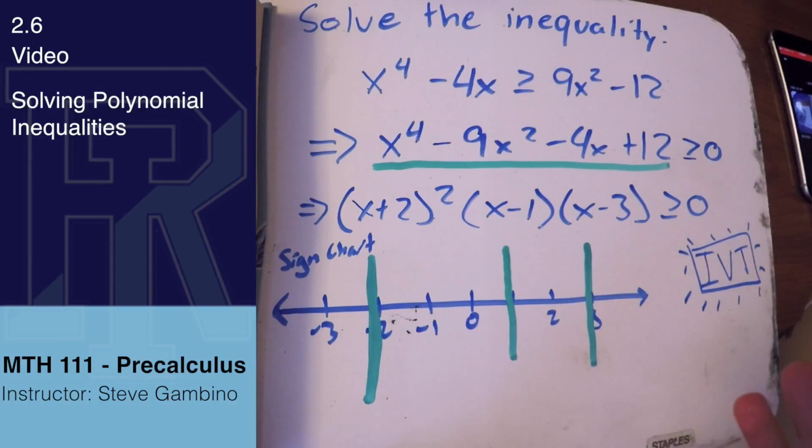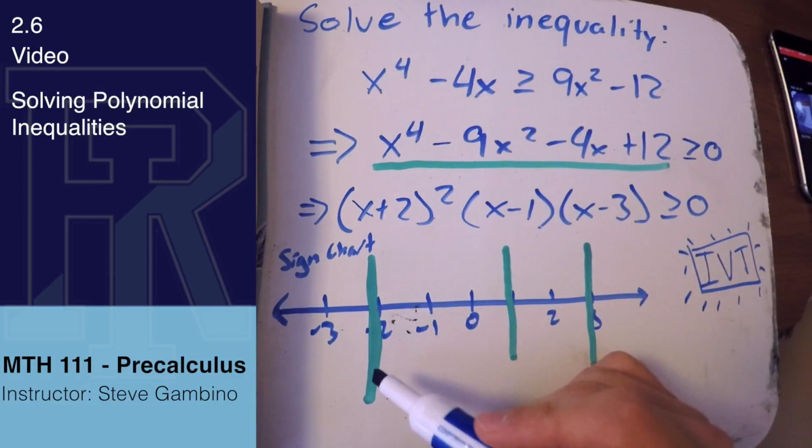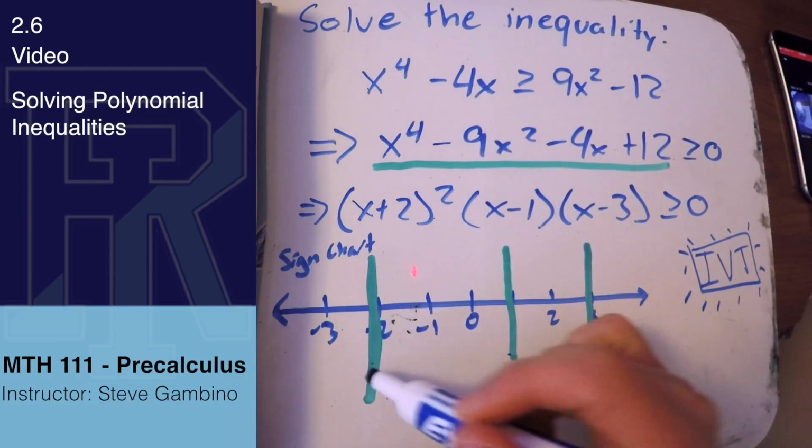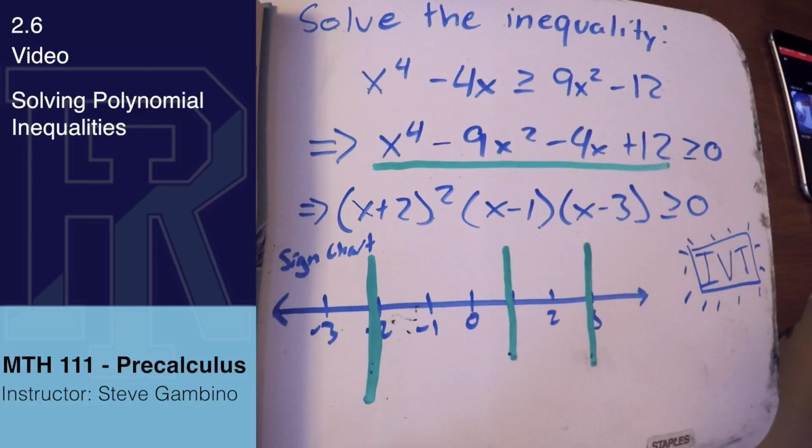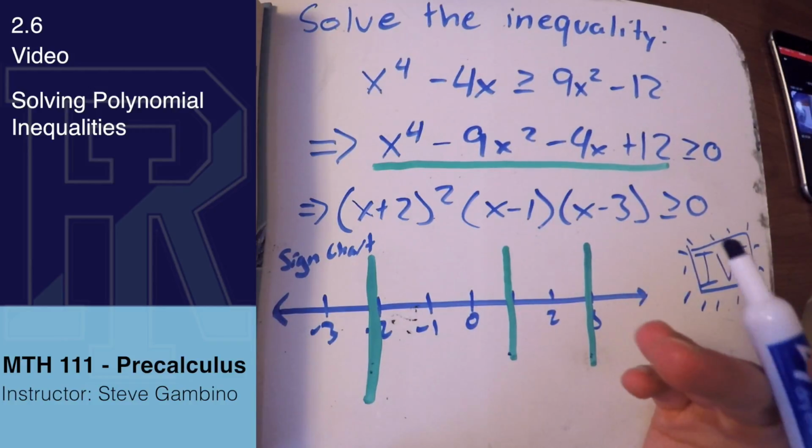But since polynomials are continuous, and we saw this in the graph that we had before, we can't ever go from being positive to negative or negative to positive without crossing the x-axis. So in other words, the only points where a polynomial can change sign, from positive to negative or from greater than 0 to less than 0, are at these values here, at these green lines, or at the roots. It can only change from being above the x-axis to below the x-axis if it crosses through at an intercept.